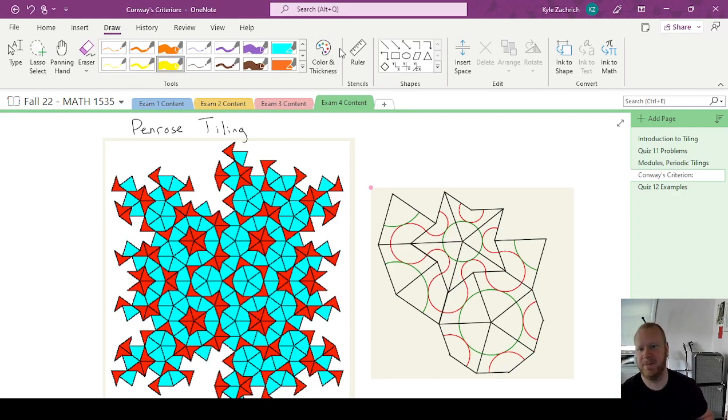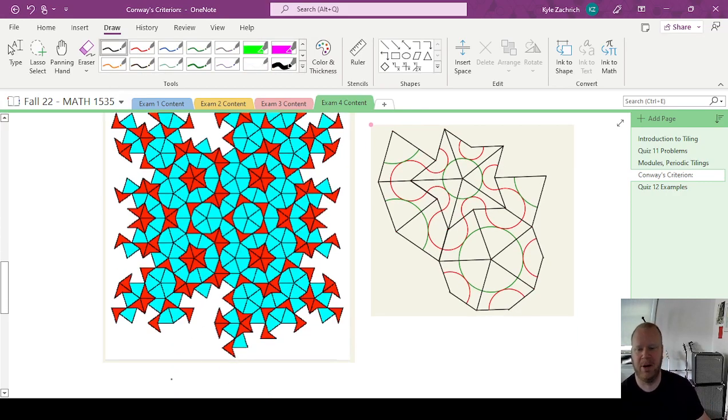Whenever they're asking you about a non-periodic tiling, this is the only one. Sorry, it's a tiling, but it's a non-periodic tiling. As far as this class is concerned, this is the only non-periodic tiling that we're interested in.